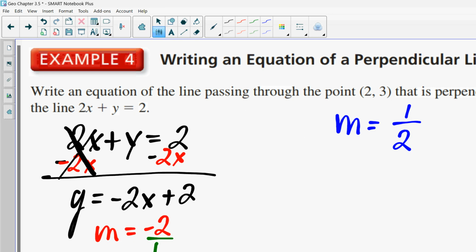We could say 1/2 times -2, which would be -2 over 2, which is indeed -1. That's a way to make sure you have the correct slope: take the two slopes, multiply them together, and see, do I get -1? Now, we didn't have to do this by hand. You could plug that straight into a calculator. It'll do it for you. So this is our new slope.